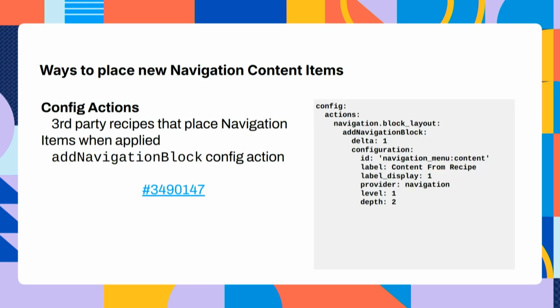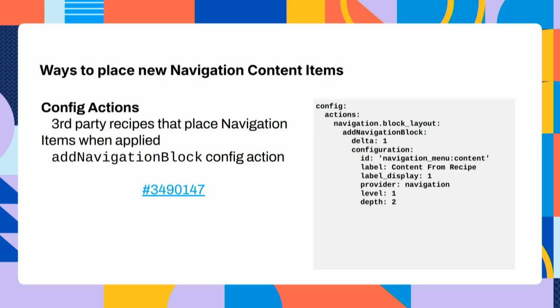And there are other ways for modules to integrate them. So with the arrival of recipes and Drupal CMS, there was a need for recipes to add blocks to the navigation directly when applying the recipes. So that's why we created the add navigation block config action.